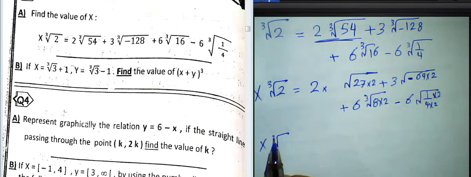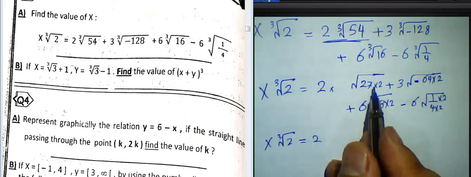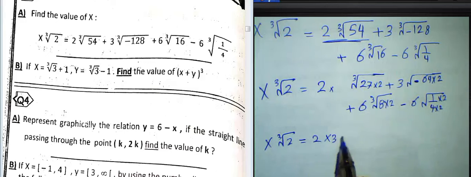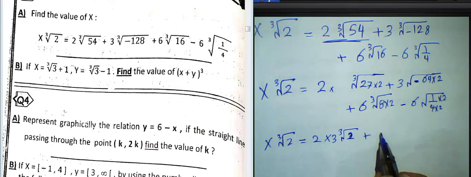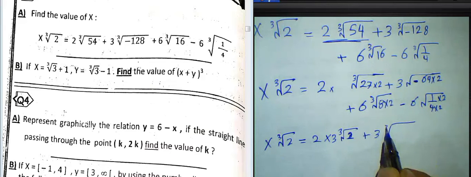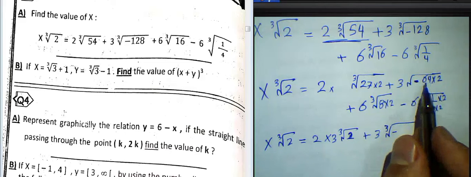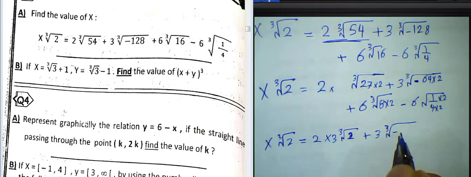We can write x cubic root of 2 equals, the cubic root of 27 equals 3, and cubic root of 2 outside, plus 3 cubic root of 64, which is 4.